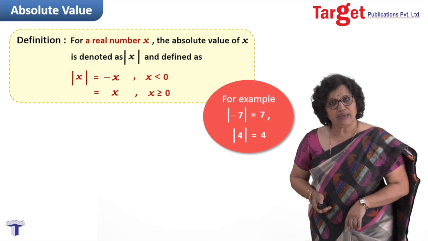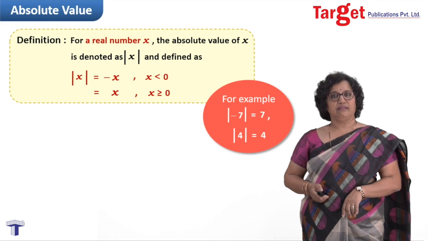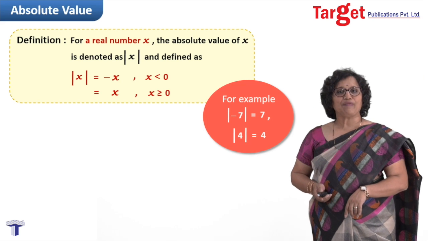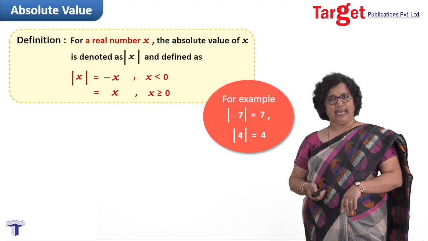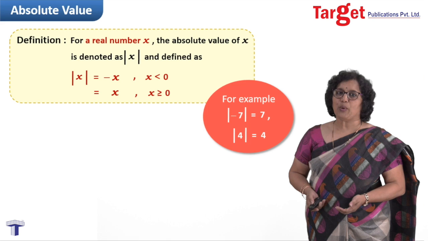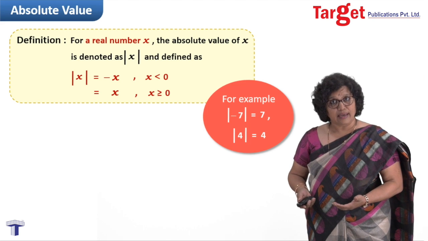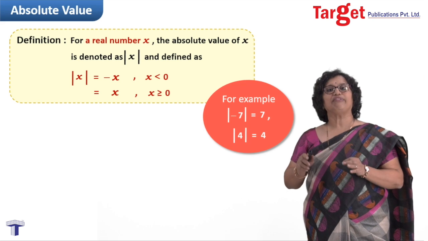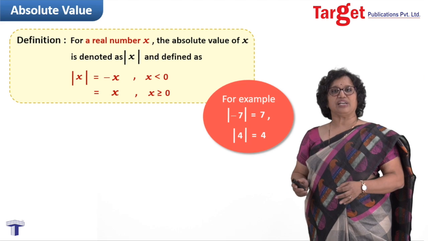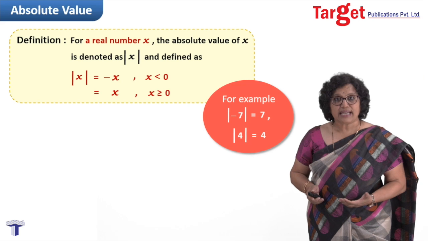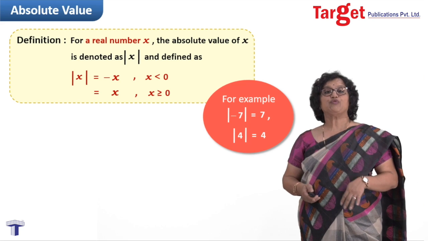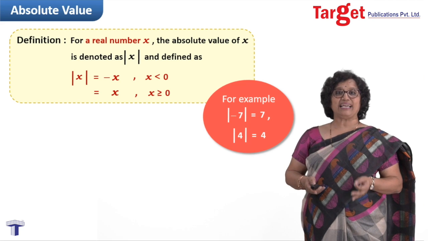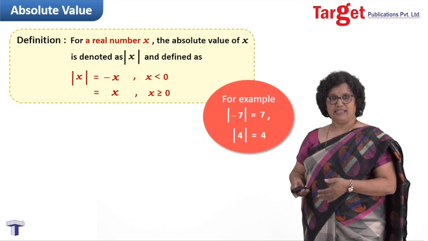So we take that number as x, and the absolute value of x I am naming as y. What we are interested in is studying how the absolute value of x changes as x changes. That means we are studying how y changes as x changes.